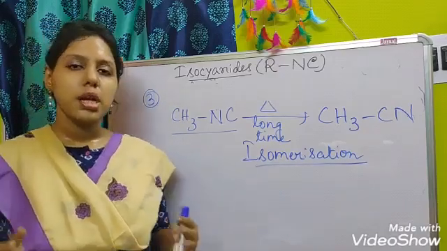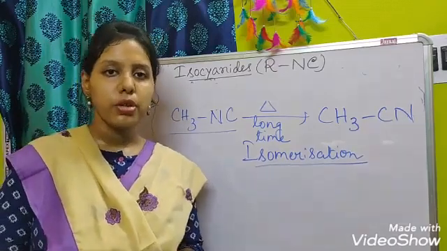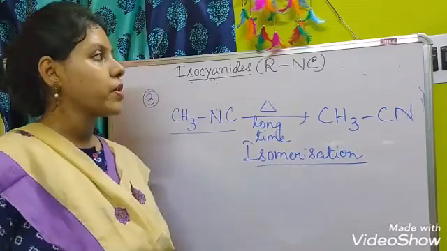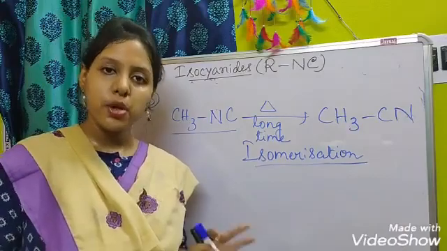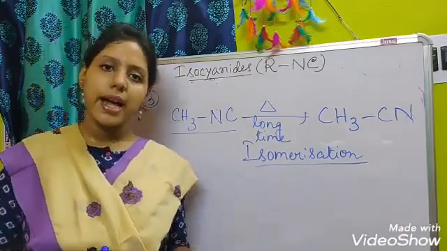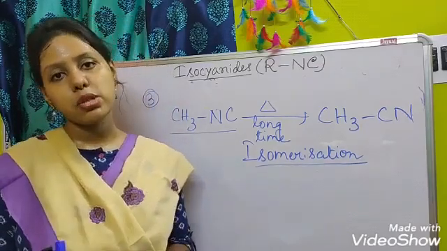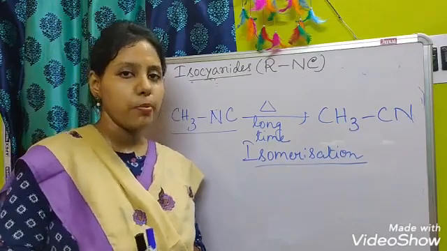So you have to learn all the physical properties and chemical properties from the notes, as well as the uses of cyanides and isocyanides, along with the difference between cyanides and isocyanides. This question is also very important.